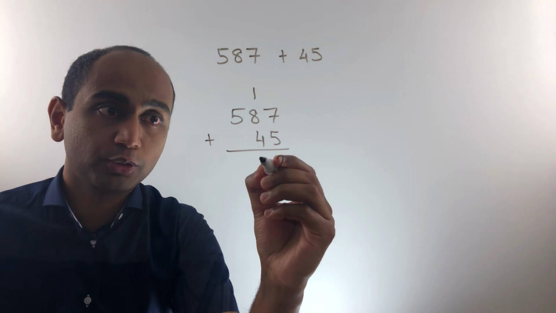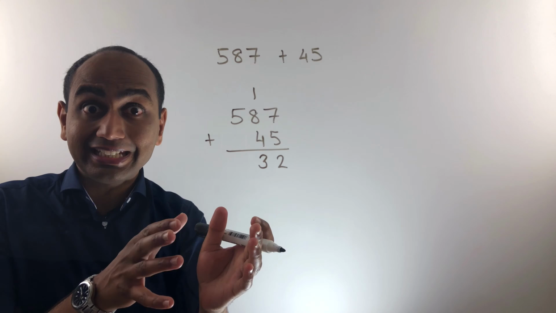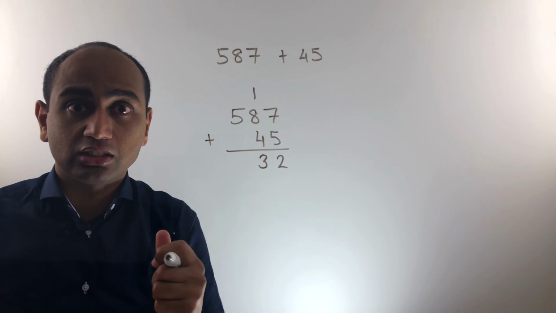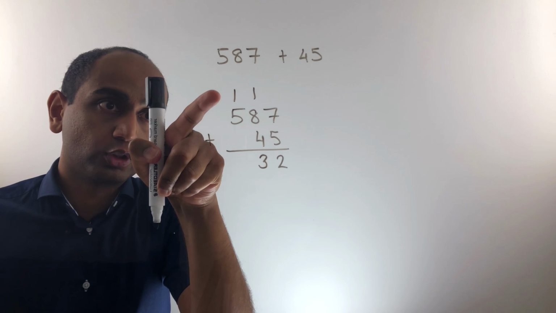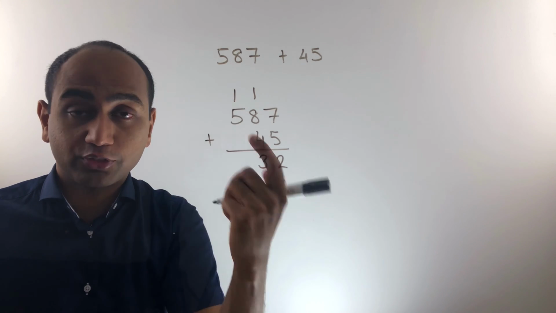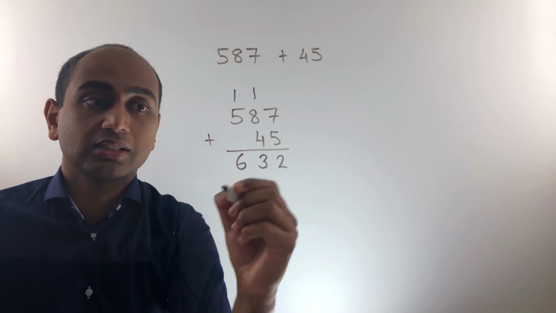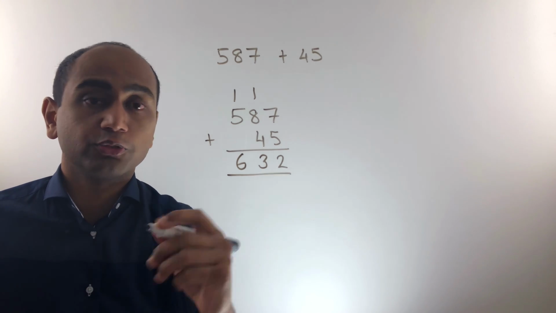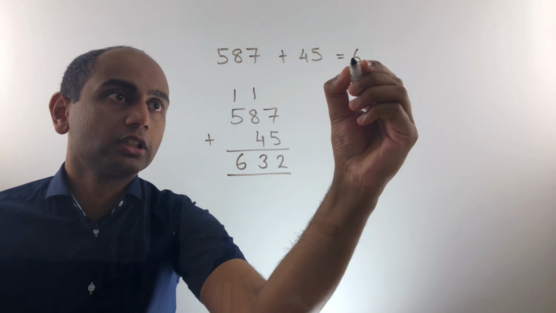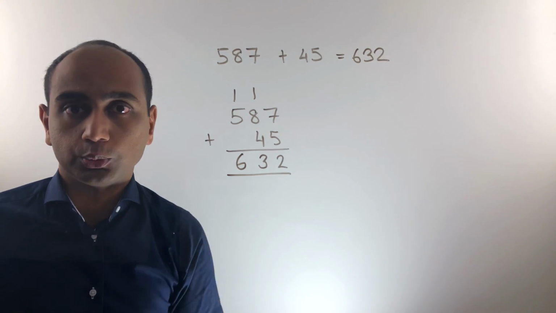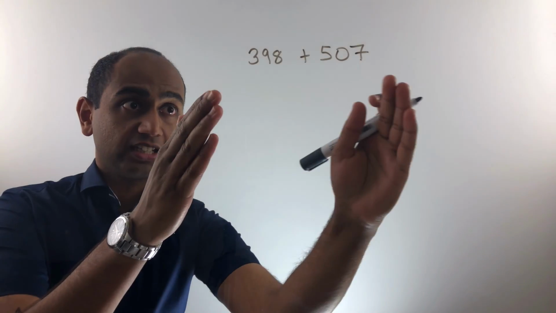What we can do is put 3 of the tens in here, and the remaining 10 tens we exchange into 100. Now we've got 100 plus 5 hundreds, which is 600. So 587 plus 45 is 632.